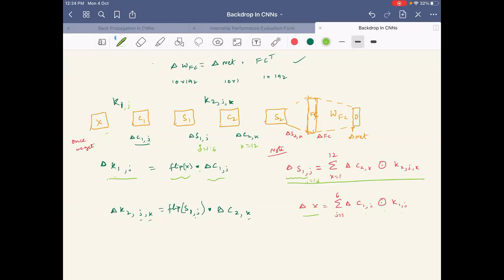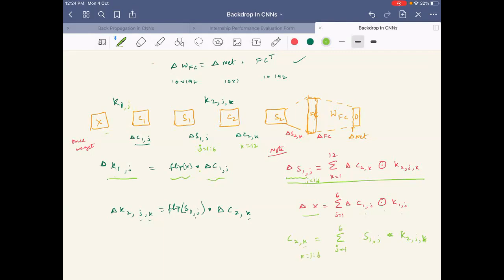So in the forward pass, you might have written exactly the opposite set of equations, where C2 comma K is equal to the summation over S1 comma J, convolved with K2 comma J comma K, where the summation was over J, 1 to 6. All 6 maps add up to give each of the 12 maps here, K equal to 1 to 12.